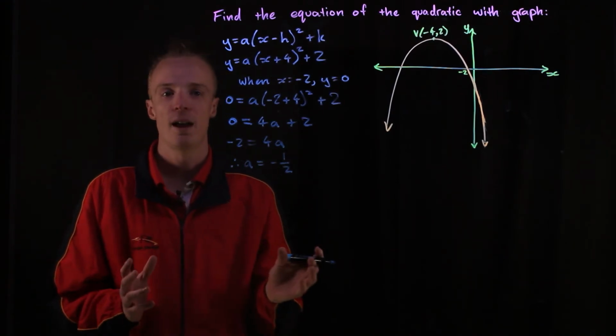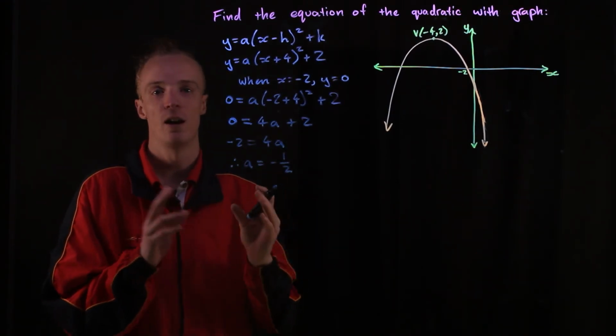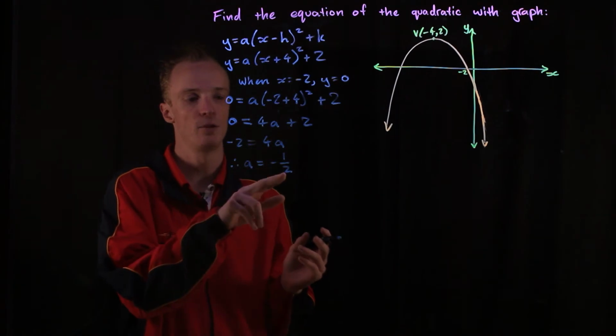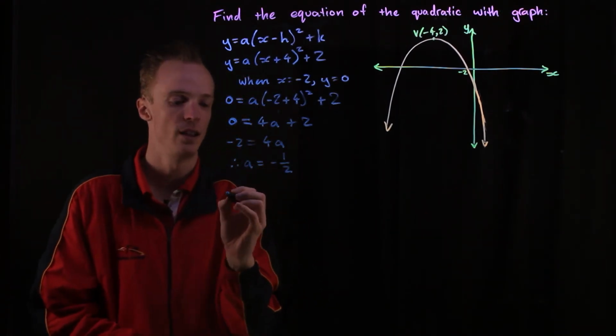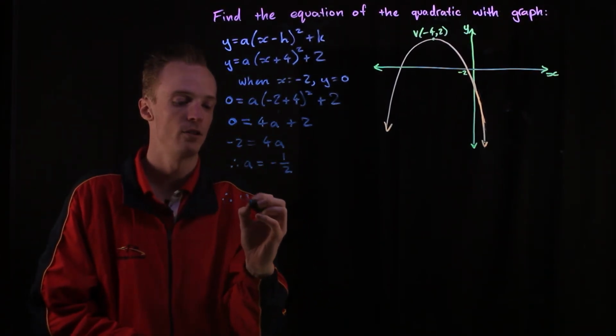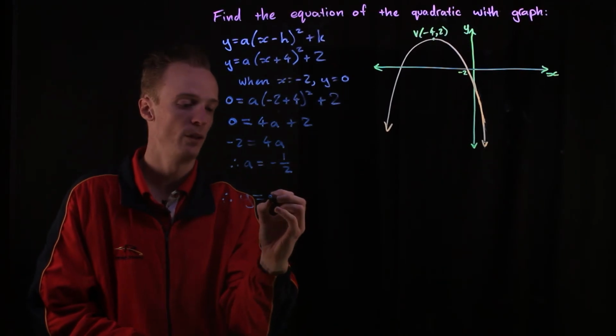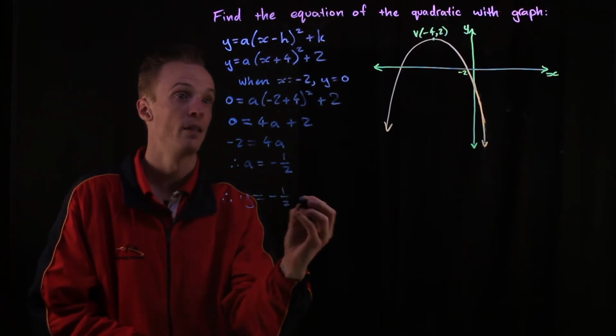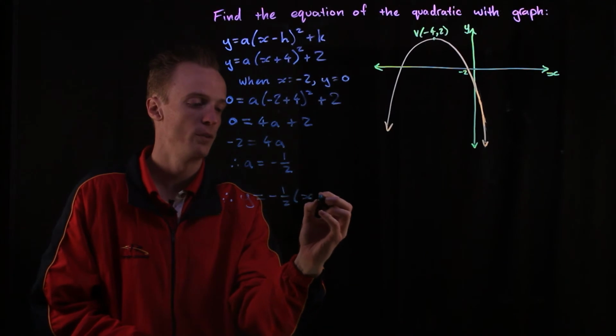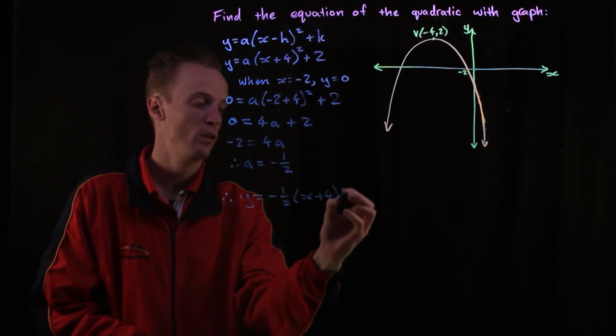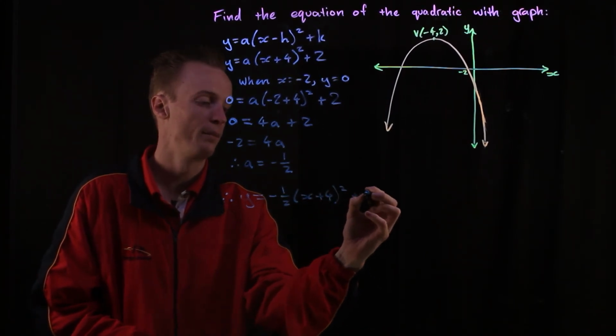Once we've determined our a, we've determined essentially our whole function. So we just substitute our a back into the function, so our function for this quadratic is y = -½(x + 4)² + 2.